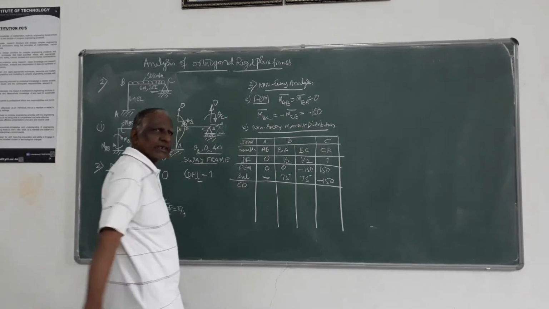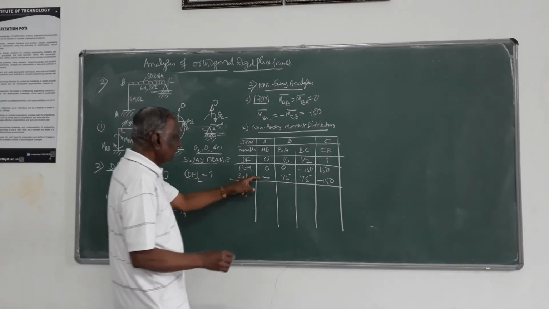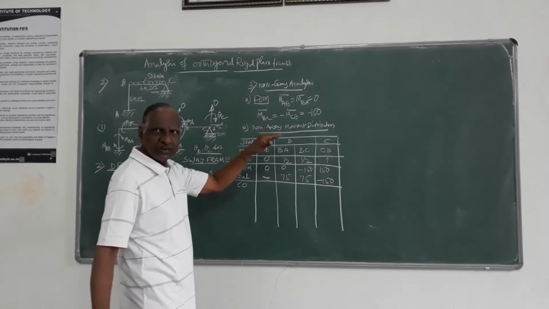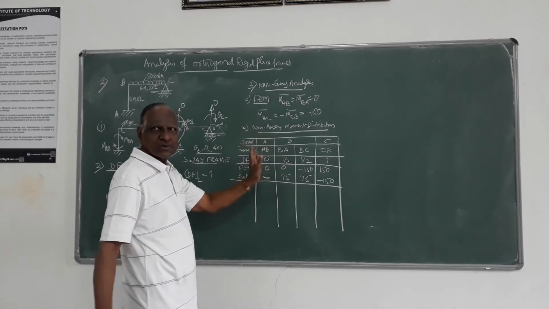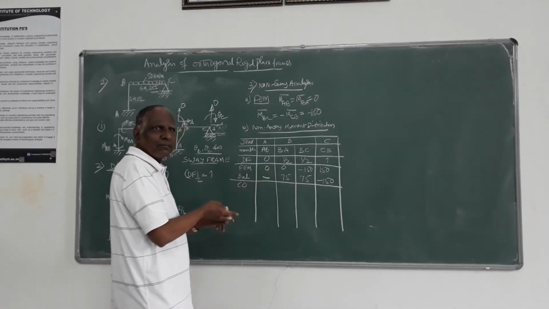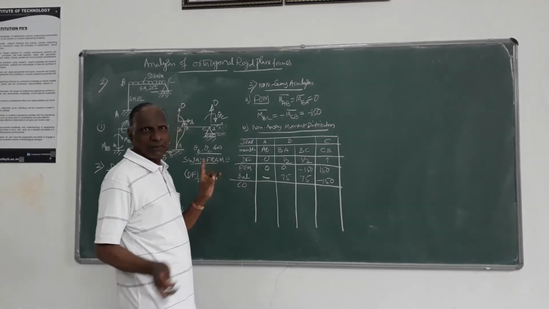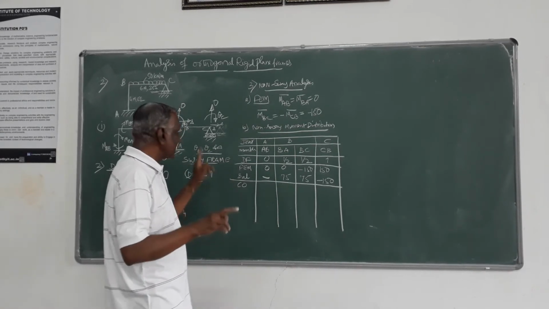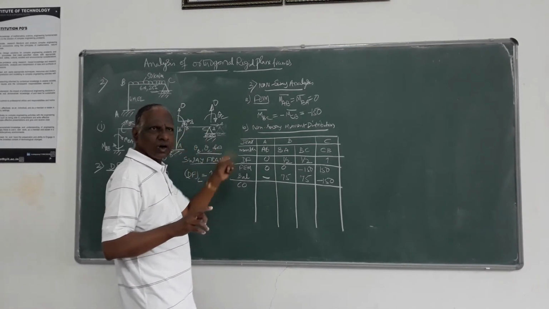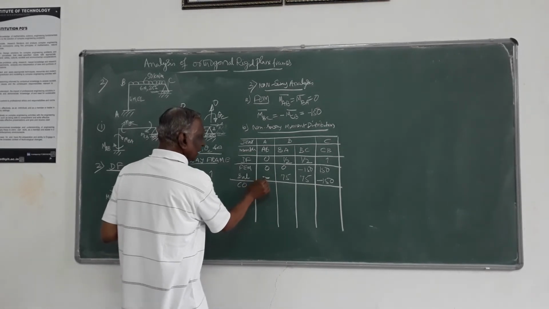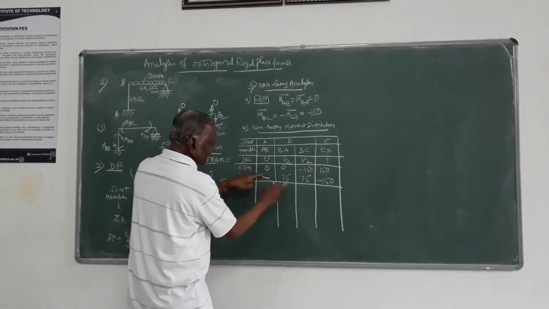Next, do the carryover. This balance you are doing for the joint first, then distribute to the members. This carryover is from one end of the member to the other end of the member, provided the other end is fixed or continuous. If the other end is hinge, roller or simply supported, don't do a carryover. So this AB to BA is here.